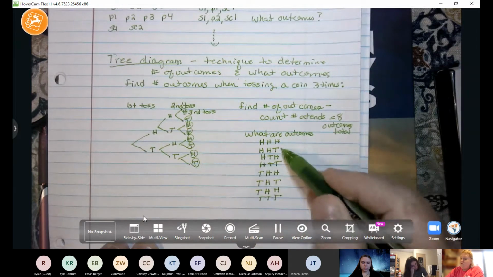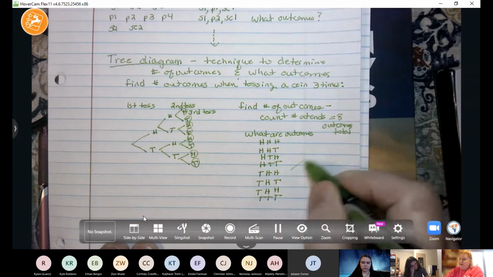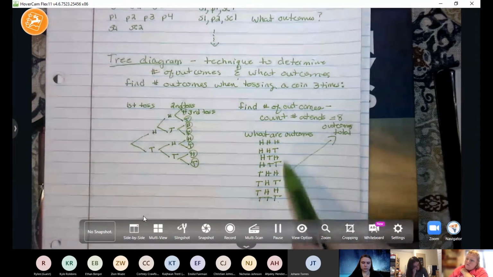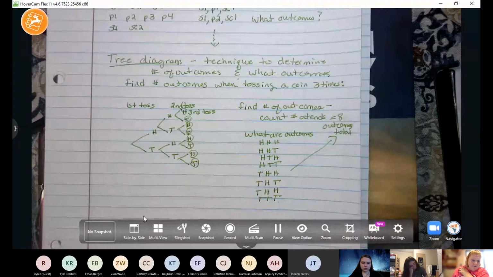And there are 1, 2, 3, 4, 5, 6, 7, 8. That number should match my total outcomes. So this tells me what the outcomes are, and it should match the same number as the outcomes.